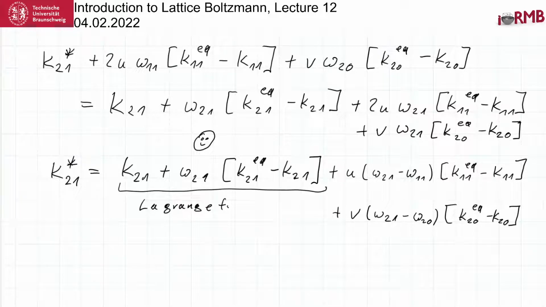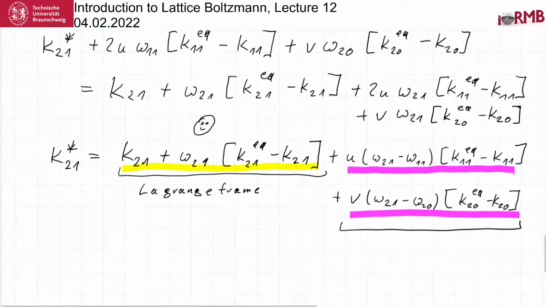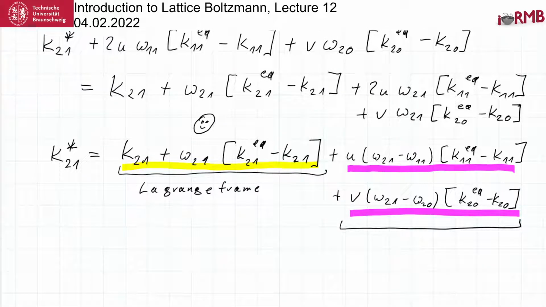If we relax everything in the Lagrangian frame, we would do exactly this. However, we relax in the Eulerian frame, and because of that we have, in addition, these guys here. And they depend on the velocity.